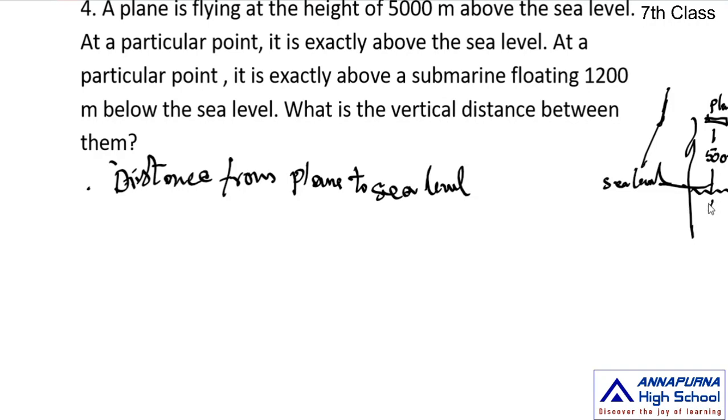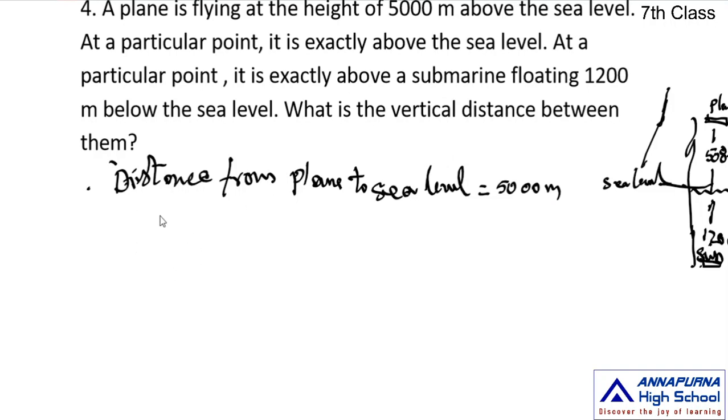And the distance from the submarine below sea level, this is the submarine, this is 1200 meters. Now, what is the distance from plane to sea level? This is the plane and this is sea level. The distance is 500 meters.